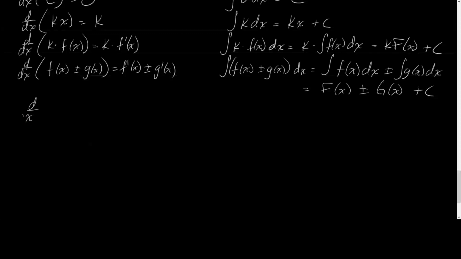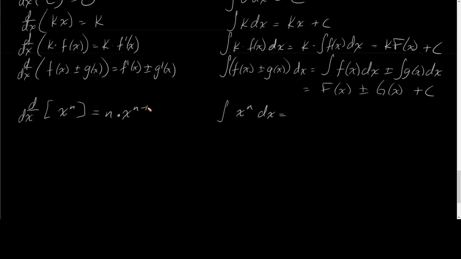The derivative with respect to x of x to the n, well, we know that's a power rule, right? So that's n times x to the n minus 1. Well, what was the process here? We brought the exponent down to the front, so we're multiplying by the exponent, and then we subtracted 1 from the exponent. Well, if we want to find the antiderivative of x to the n dx, what would be the exact opposite of this? Because they're inverse functions, we need to do the exact opposite.